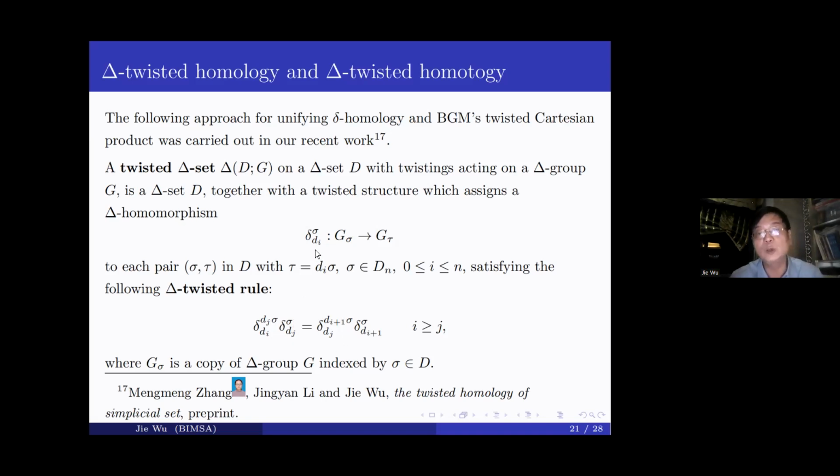So for each twisting, the setting is that you have the so-called delta set. A delta set is also called a semi-simplicial set. Now the difference between a delta set and a simplicial complex is that in a simplicial complex you have to look at the simplexes. Two vertices can form one simplex, and three vertices form a two-simplex.